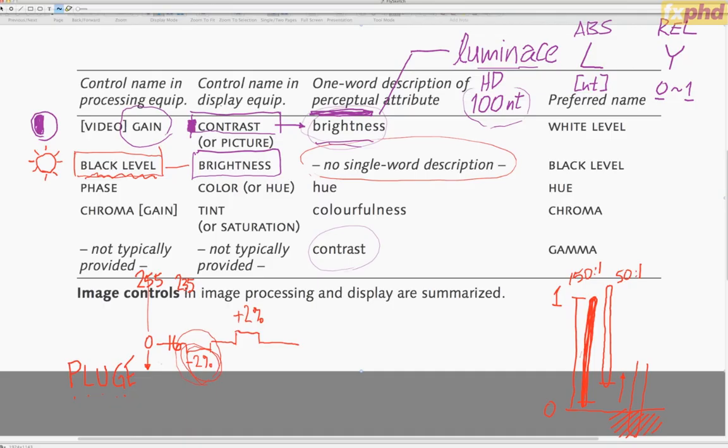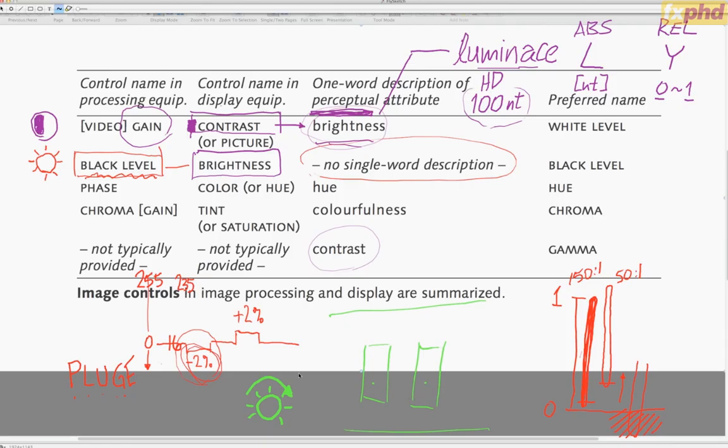Now, the algorithm is, and I might have even given you this algorithm the last class, but even so, it's worth repeating. The algorithm is: present this PLUGE signal to your display, crank the black level or the brightness control up, and when you do, you'll see that PLUGE area as bars like this. You'll see a gray background and a dark bar and a light bar.